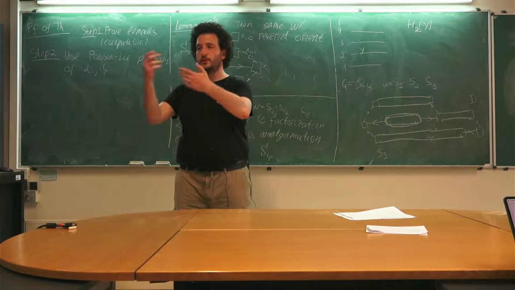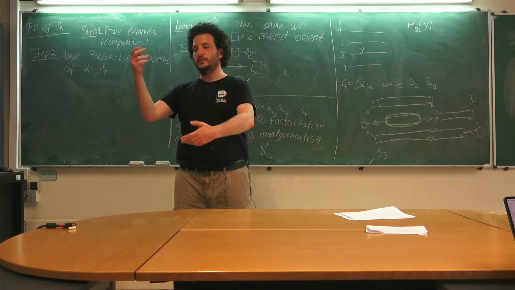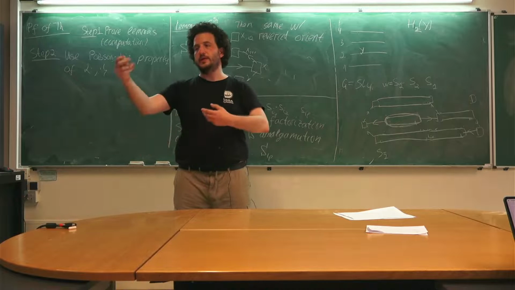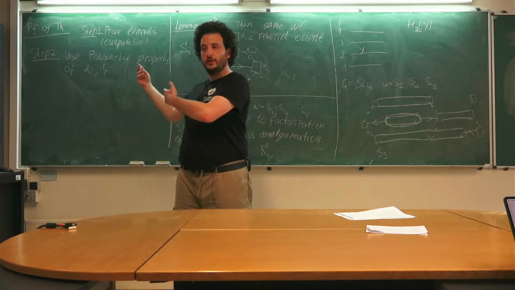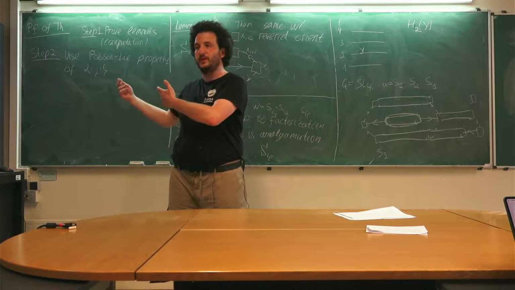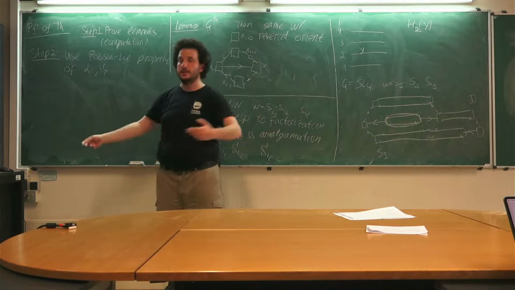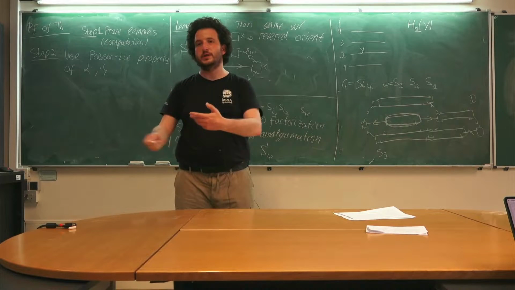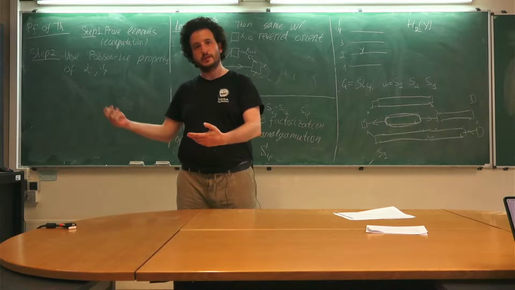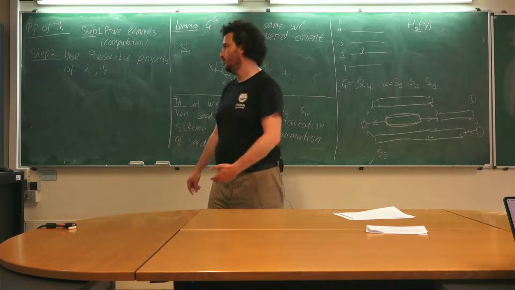So if we know Poisson brackets on one factor and on another factor, which both correspond to simple reflections, that we know this by step 1, then we know the Poisson bracket for their product. And this is essentially the proof.